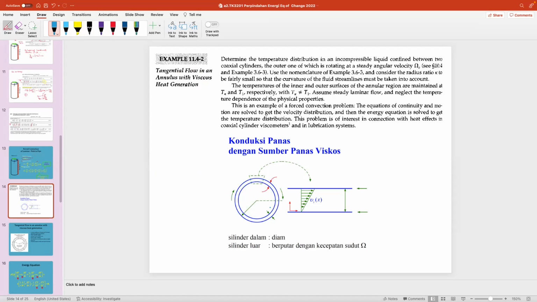The inside cylinder is stationary. The outside cylinder is rotating with angular velocity omega, for example. So here we can also use the energy equation and apply it to that one.